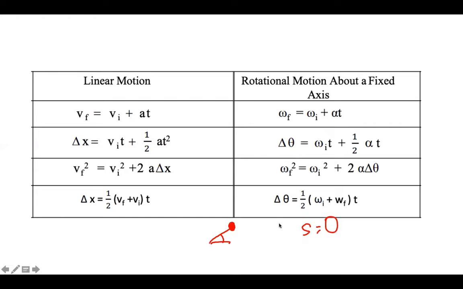The movement is now in terms of the angle, and the angle is in the unit of radian. So the displacement is calculated in terms of theta, and the unit is radian.